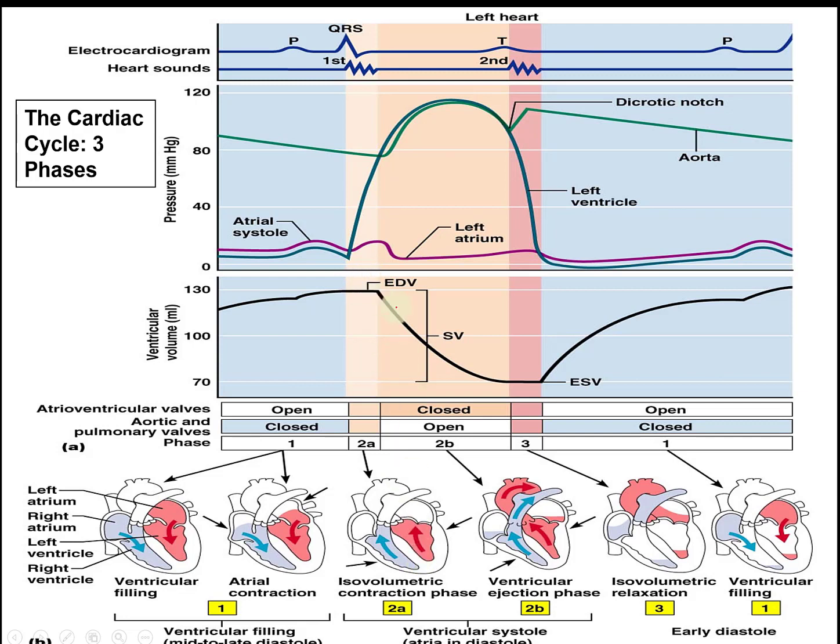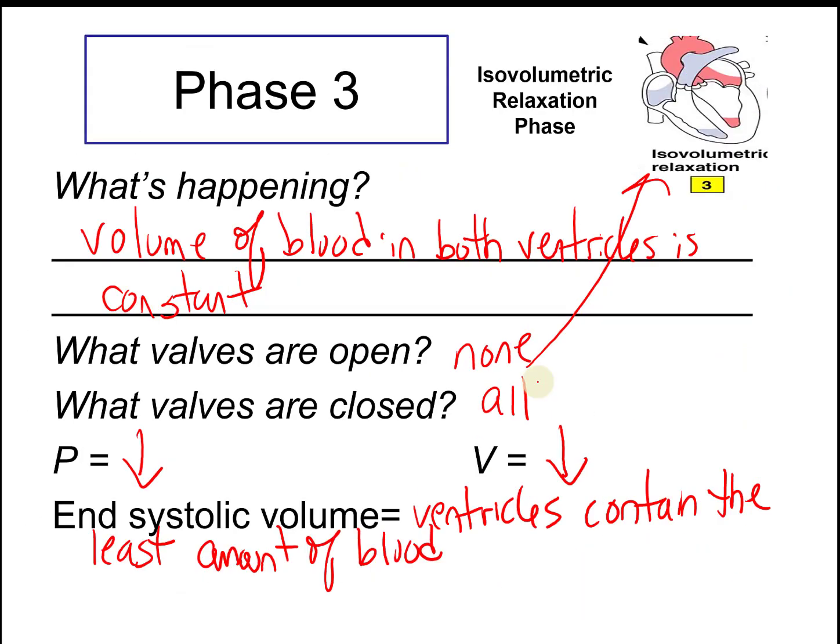So if I wanted to know how much blood was actually pumped out by the ventricles, I could take the maximum amount here, end diastolic, and subtract it from what's left over and still in the ventricles, the ESV. And in fact, we can do that.